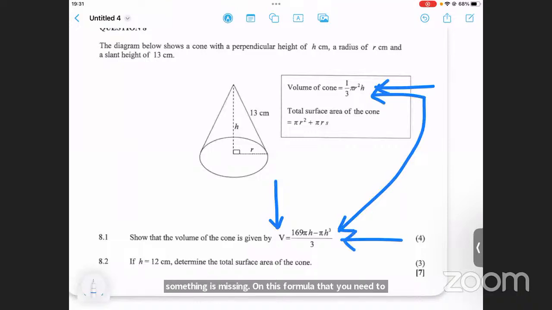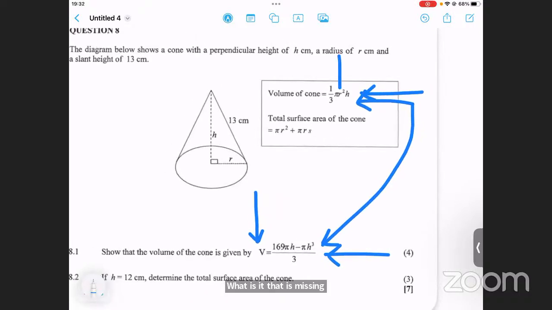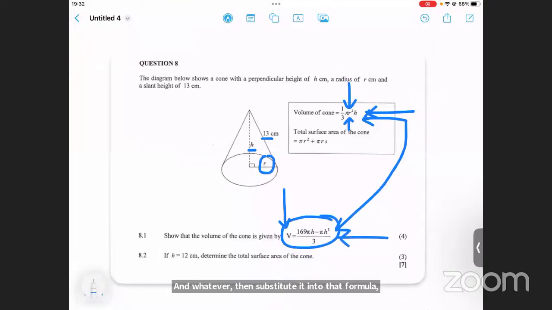What is it that is missing there? Trust me, it's easier to see that actually R is the one that is missing. So that means you need to make R the subject of the formula or rewrite R in terms of H and whatever, then substitute it into that formula, simplify, and then arrive at that.